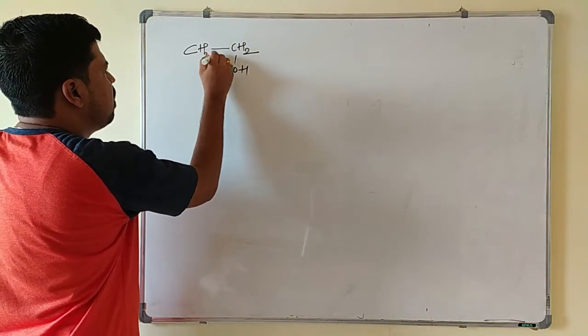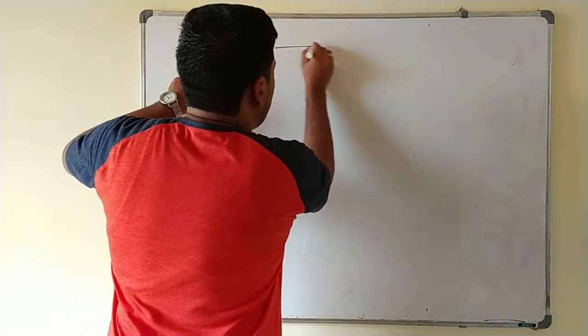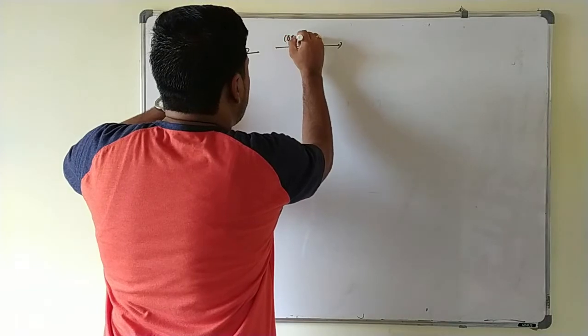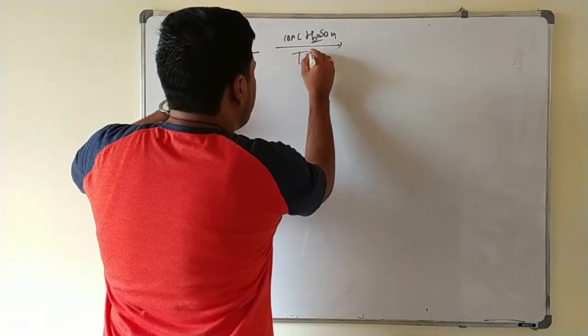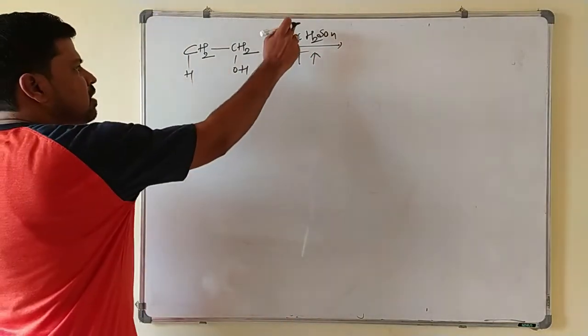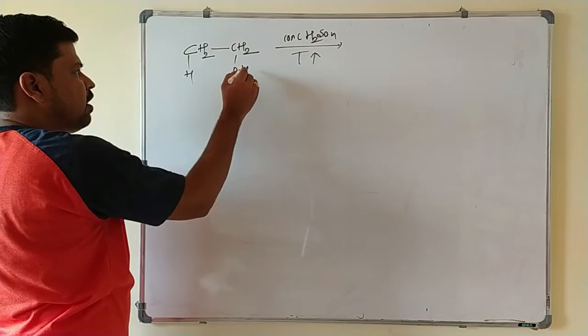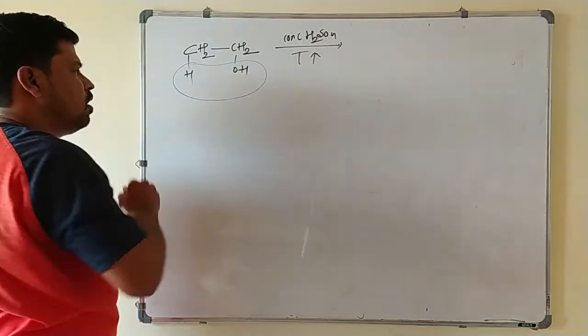So I will write a hydrogen here. This ethyl alcohol on treating with concentrated H2SO4 at high temperature, what happens here? This concentrated H2SO4 removes a water molecule from the ethyl alcohol, so that these two are removed here.